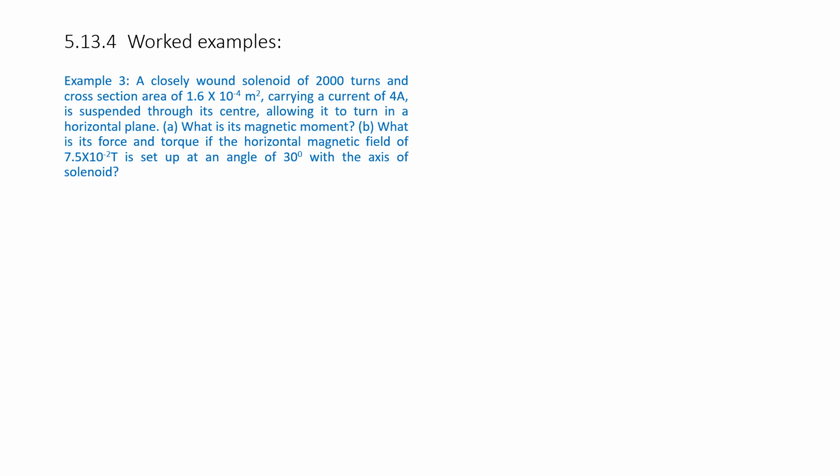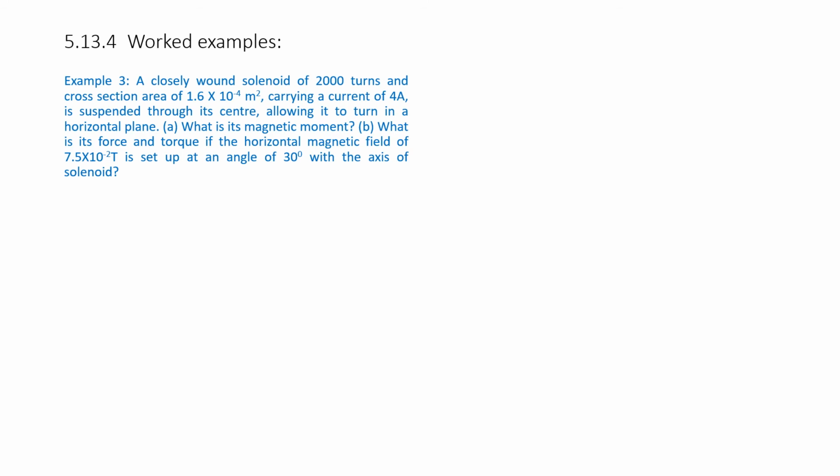We will take up example number 5. A closely wound solenoid of 2000 turns and cross section area 1.6 into 10 to the power of minus 4 meters square, carrying a current of 4 amps, is suspended through its center, allowing it to turn in a horizontal plane. What is the magnetic moment?